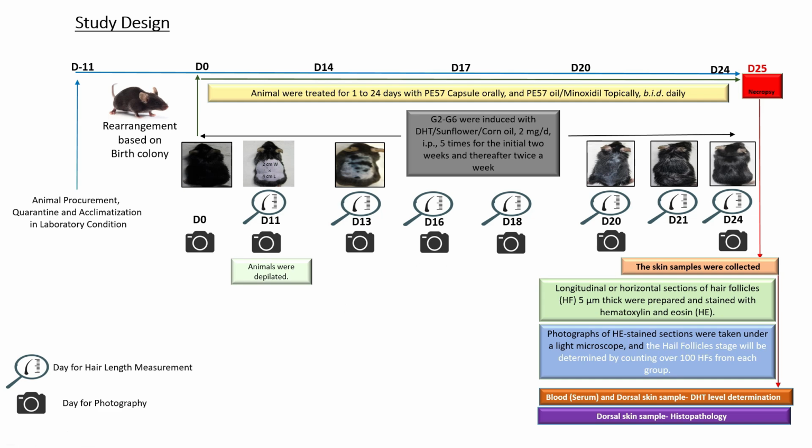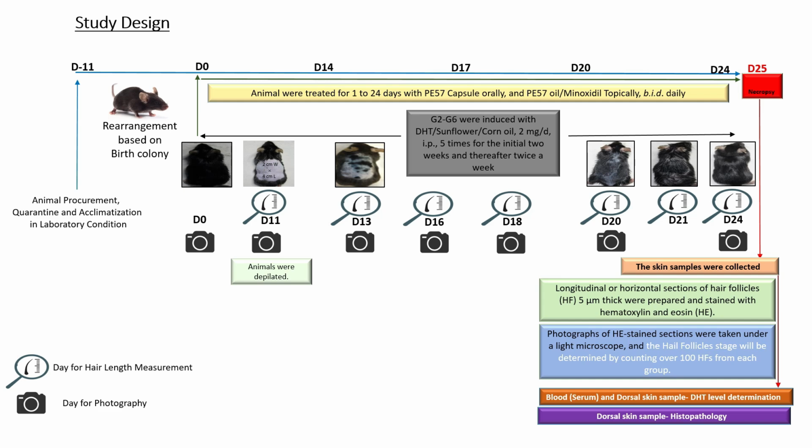Or, if you want to perform the experiment prophylactically, you give the P57 capsule from the start, from day 0, while you are inducing DHT. So from day 1 you start dosing both the capsule orally and apply P57 oil. And next, minoxidil topically for standards, BID daily. So this procedure you have to do in the study.